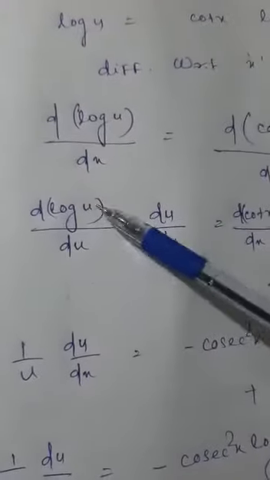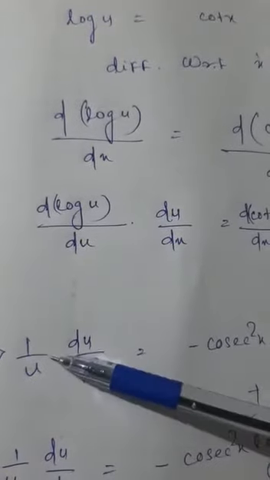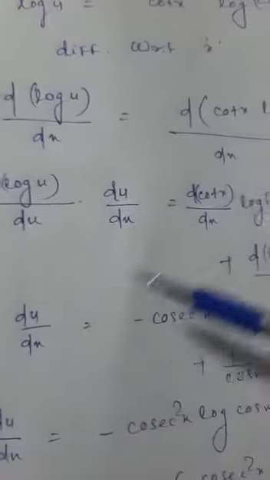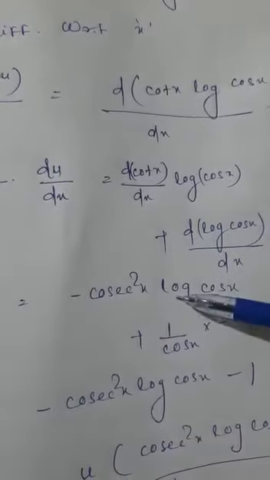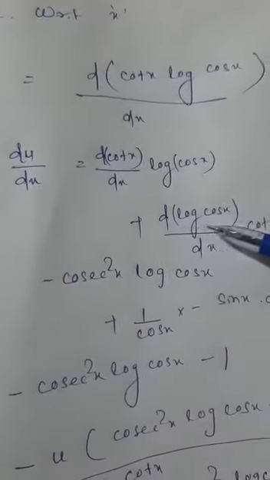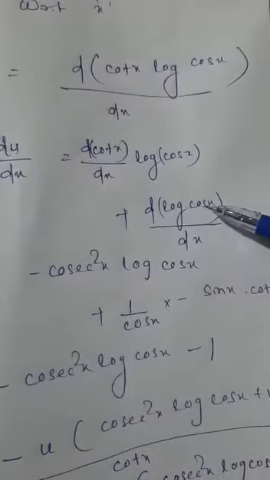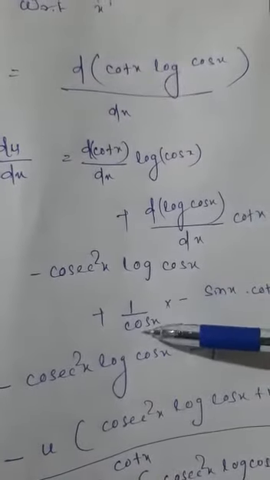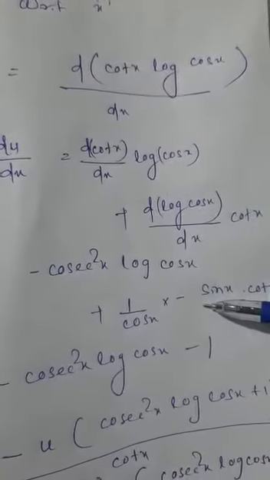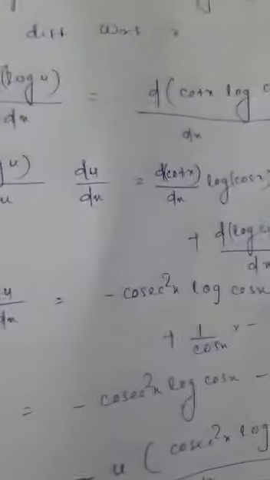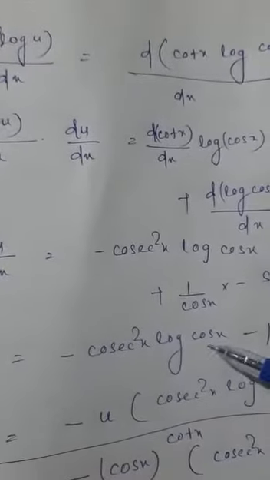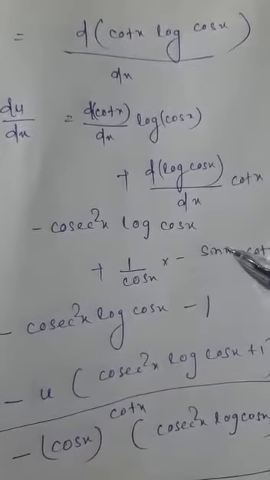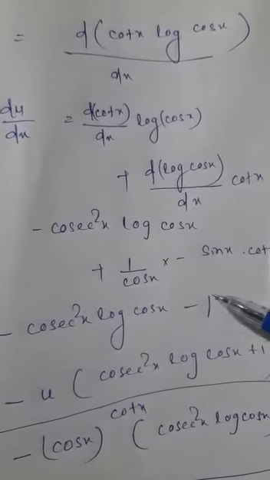So what is the derivative of log u? The derivative of log u is 1 by u du by dx, and the derivative of cot x is minus cosec square x, into log cos x, plus the derivative of log cos x, which is 1 by cos x into the derivative of cos x, that is minus sin x, into cot x. So 1 by u du by dx equals minus cosec square x log cos x minus tan x into cot x, which is equal to 1.